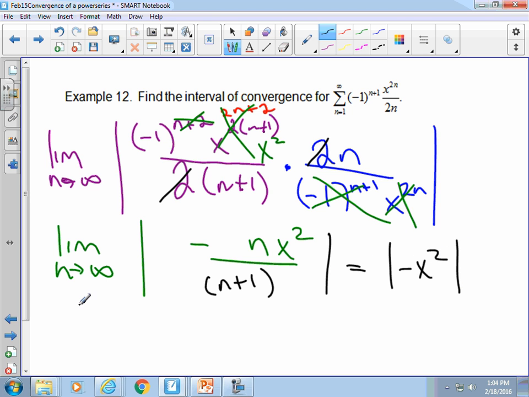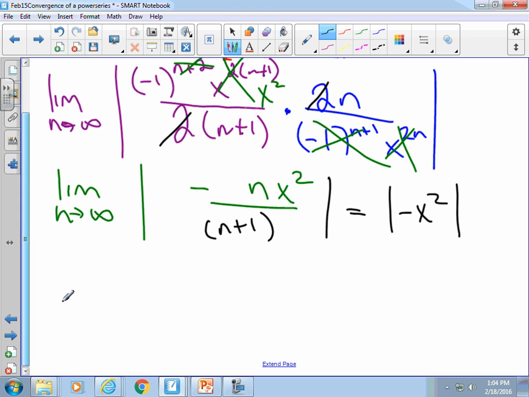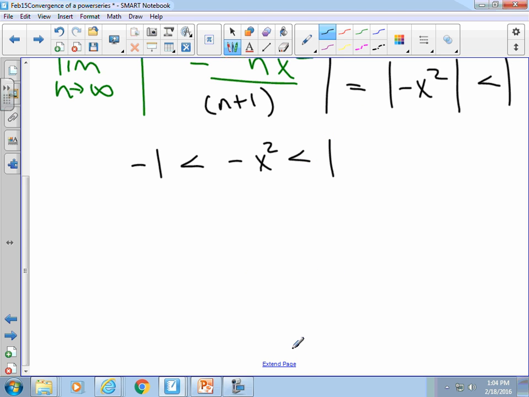Everyone agree with that? Yes, no, maybe? I want that to be less than 1 in absolute value, which means it needs to be between negative 1 and 1. When I divide by a negative, what happens?